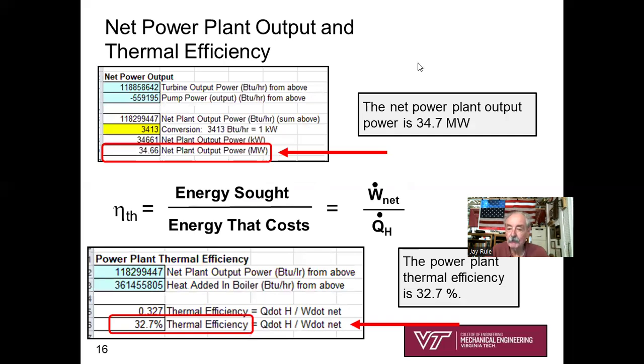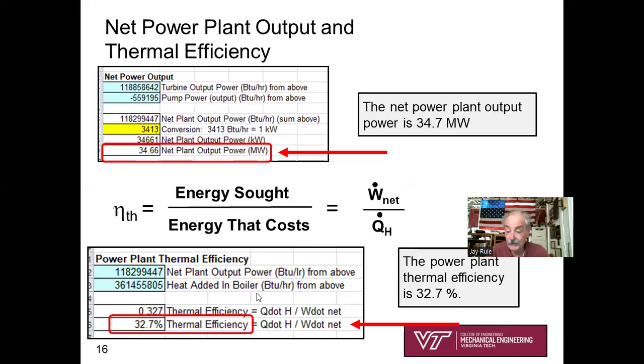Now we can get the thermal efficiency of the power plant. We've got it all. The net plant output power is simply the turbine output minus the power required to drive the pump, or 34.66 megawatts. There's my work shown there. That's the energy sought, the energy that costs. We just got Q dot H for the boiler.